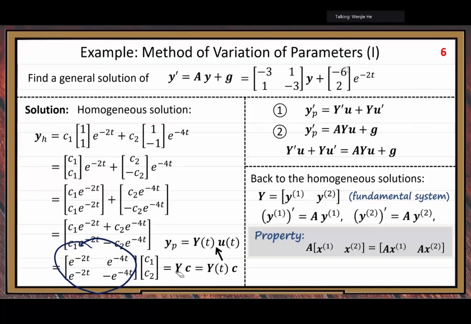That's the same as this way. So the result matrix has two column vectors. The first column vector is A times X1. Second column vector is A times X2. That's just what you know.